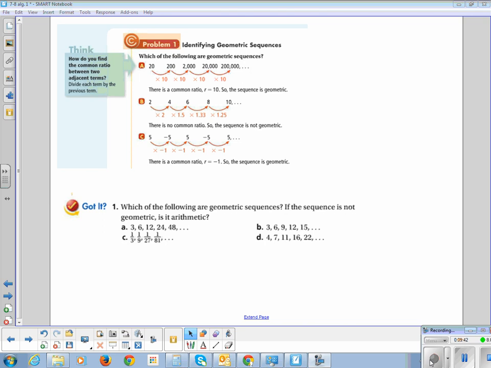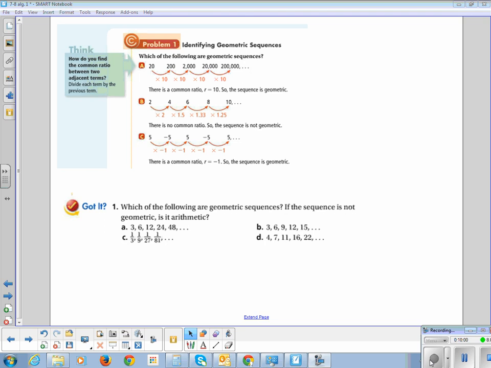All right, so in your practice problems you're going to be identifying geometric sequences like they did in this example problem number 1. And for A, by looking at it, you can say, oh, they're multiplying by 10 every time.